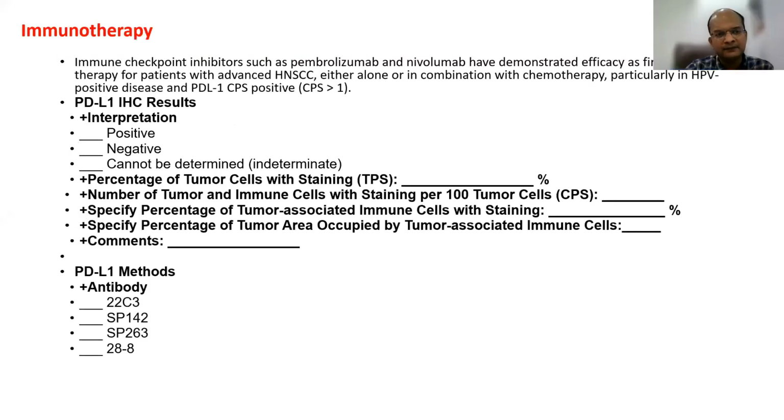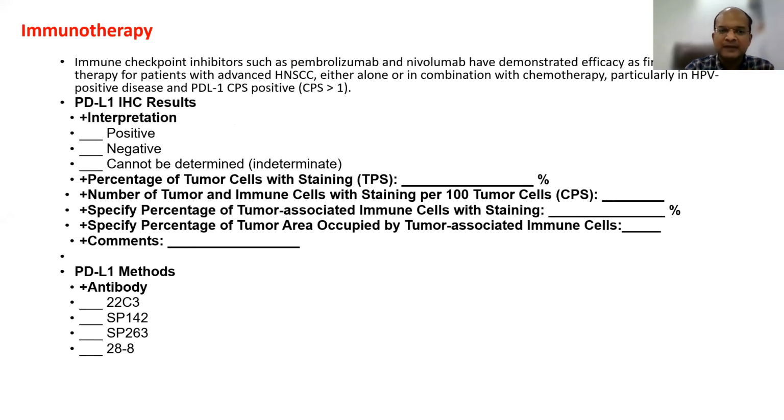How do we report PD-L1? As I told, TPS is the percentage of viable tumor cells with the staining, and if we add immune cells also, we combine these two, known as CPS. Total number of tumor cells and immune cells with staining for PD-L1 is CPS.